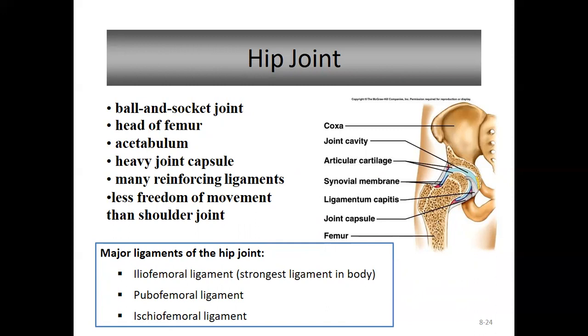You can have a little bit less stability in the shoulder joint because it's not holding the weight of your body, and it's not holding you erect. Whereas with the hip joint, because it needs to be strong, because it needs to stabilize the entirety of your body, you will have less freedom of movement because you have more joint capsule and more reinforcement here. All right. So that is the hip joint.